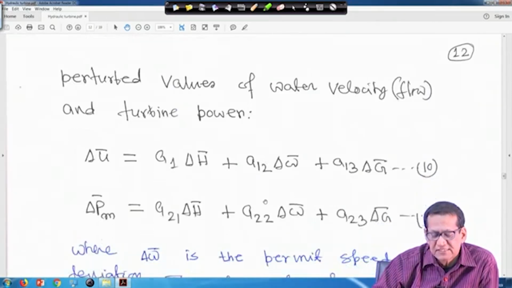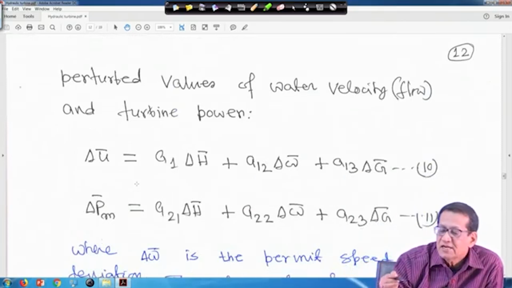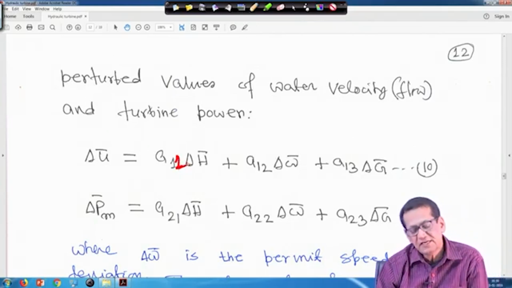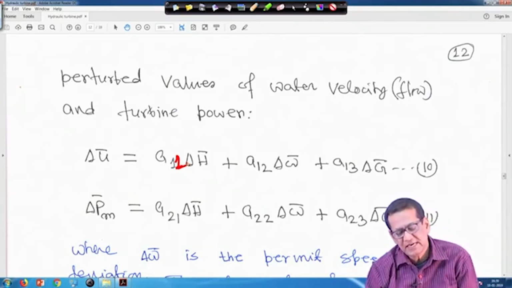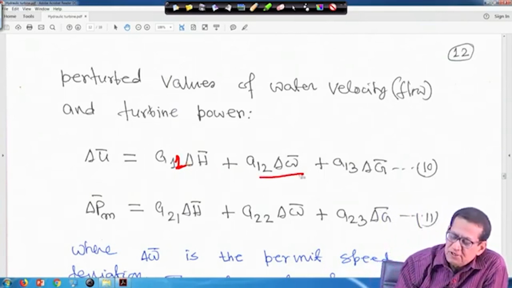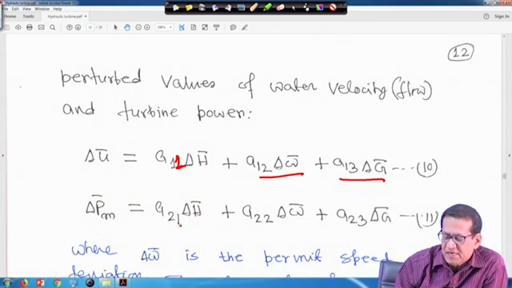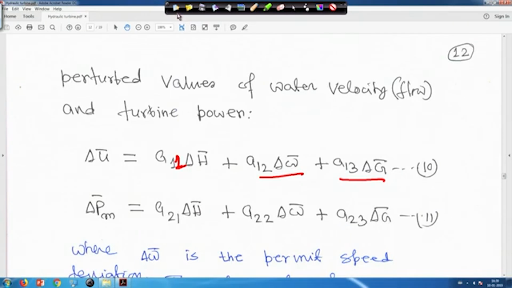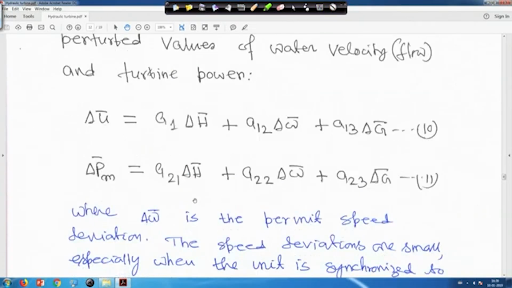It can be written as delta u bar is equal to a 1 1 delta h bar plus a 1 2 delta omega bar plus a 1 3 delta g bar, and delta p m bar is equal to a 2 1 delta h bar plus a 2 2 delta omega bar plus a 2 3 delta g bar, right. This is a 1 1, by mistake I had written a 1, it is a 1 1, right.